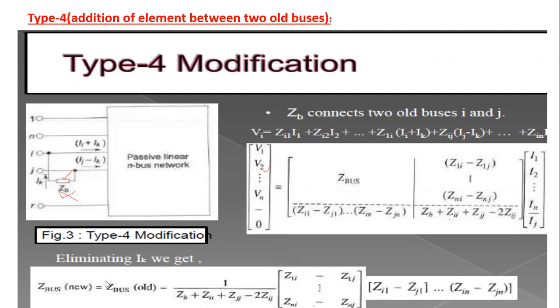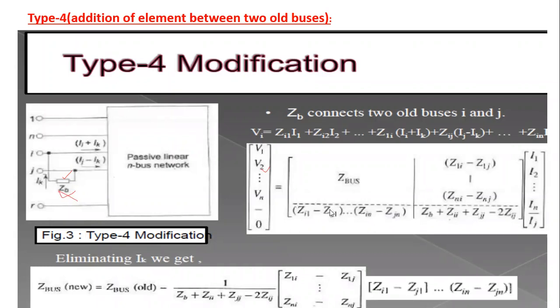Therefore, Z bus new is equal to Z bus old minus 1 by ZB plus ZII plus ZJJ minus 2ZIJ, into Z1I minus Z1J and so on ZNI minus ZNJ, into ZI1 minus ZJ1 and so on ZIN minus ZJN.